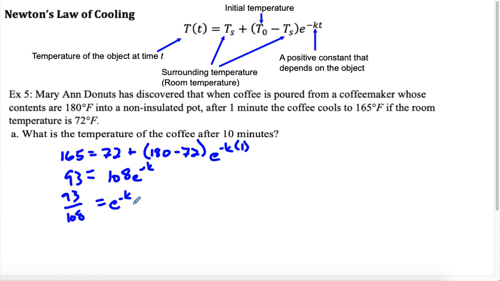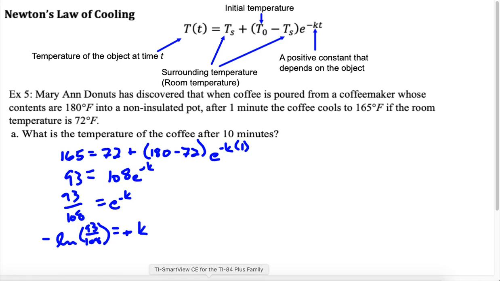Now that I have my exponential by itself, I can rewrite this as a log. So this would become the natural log of 93 over 108 equals negative k. Then to get k by itself, I just need to multiply both sides by -1. So we end up getting negative natural log of 93 over 108 equals k.